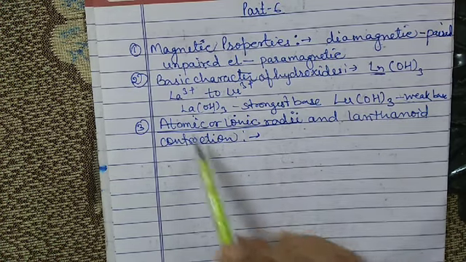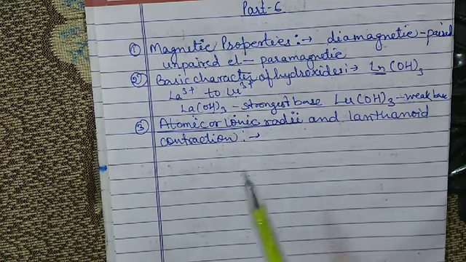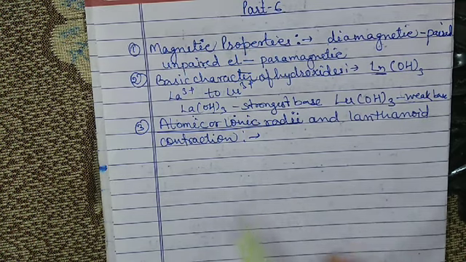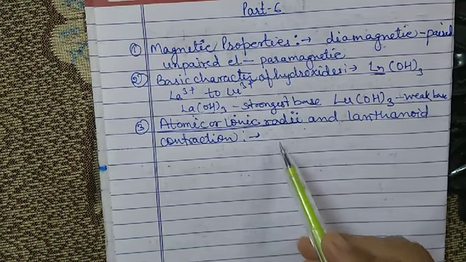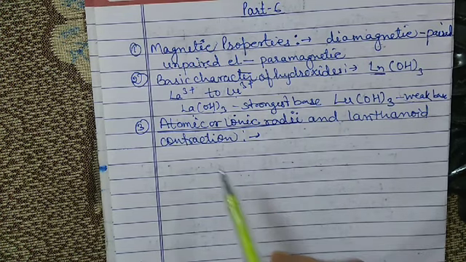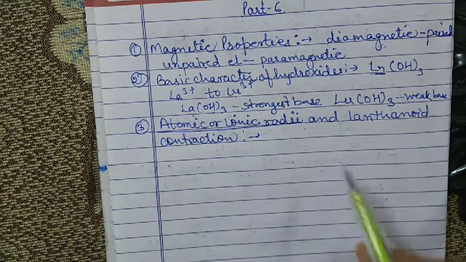In the lanthanoid series, with increasing atomic number, the atomic and ionic radii decrease.